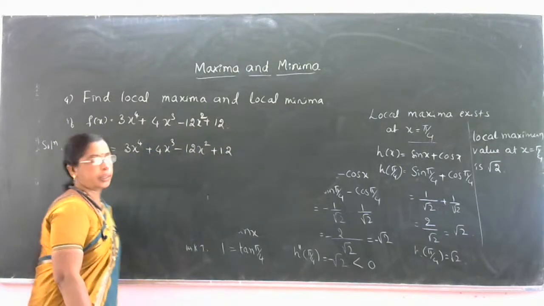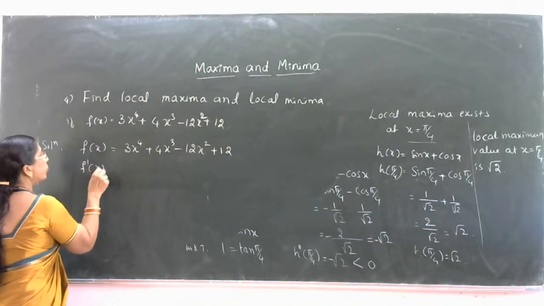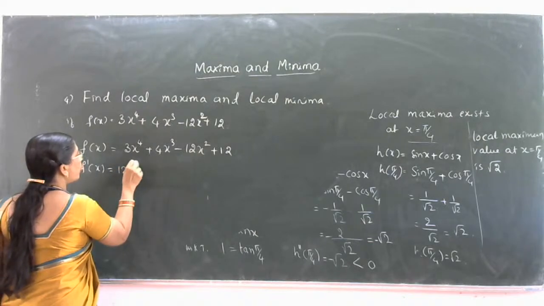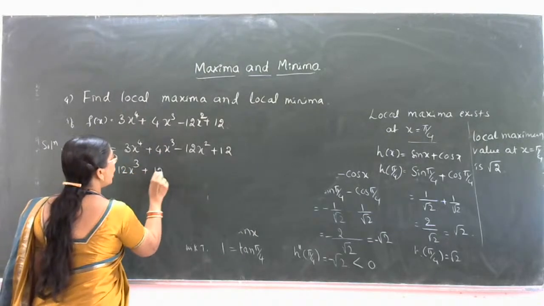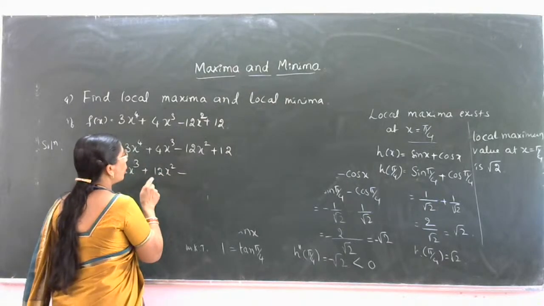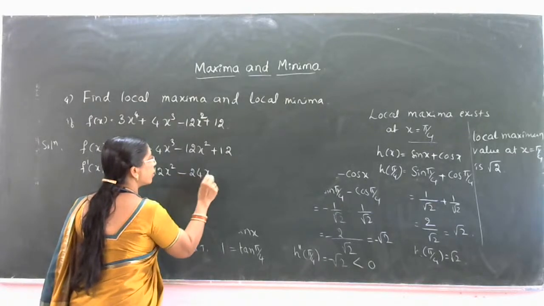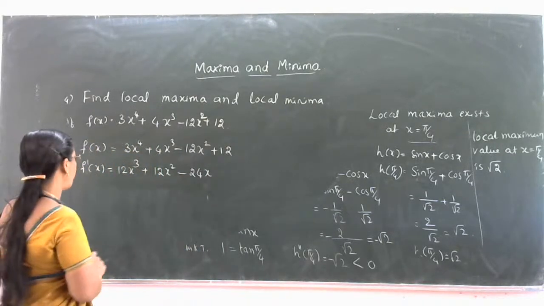Then we find the derivative of the function, which is equal to 4 into 3, 12x to the power 3 plus 4 into 3, 12x square minus 24x. Then the derivative of 12 is 0.